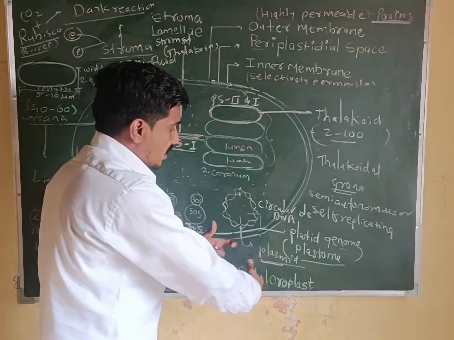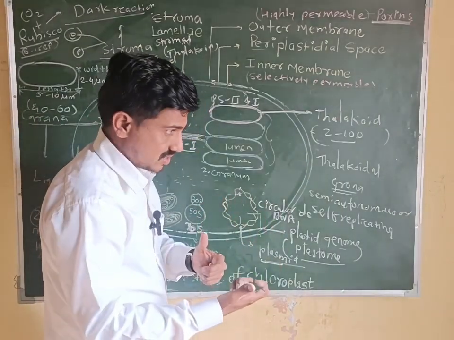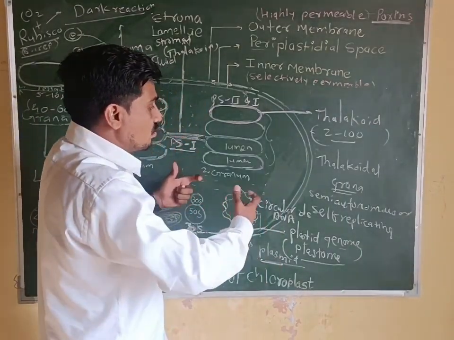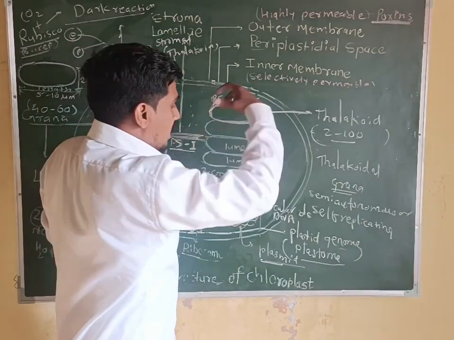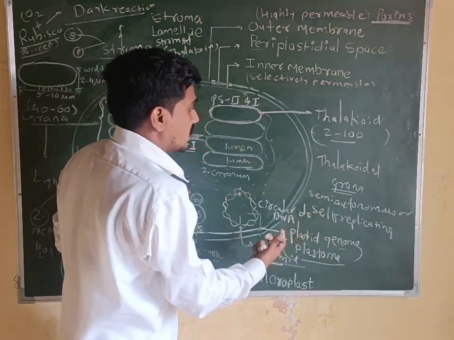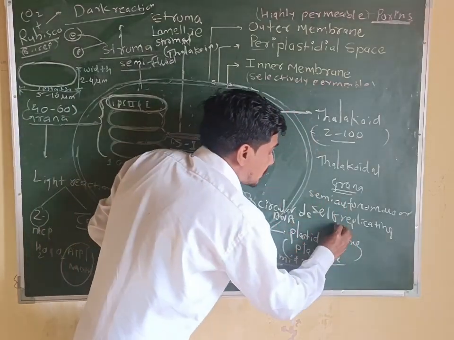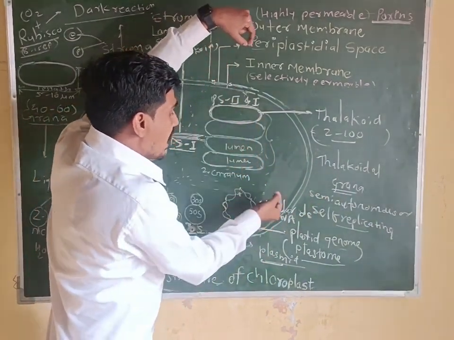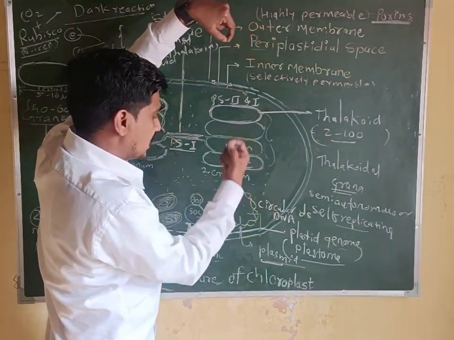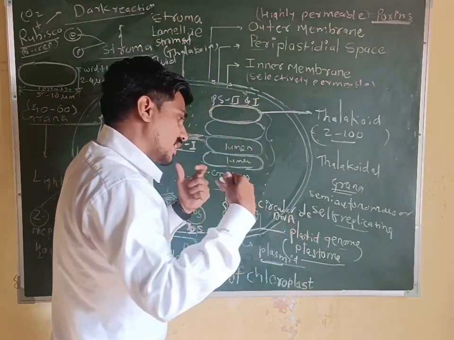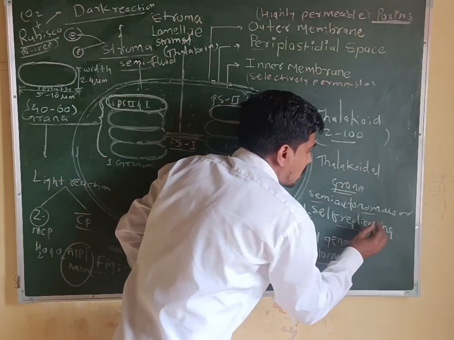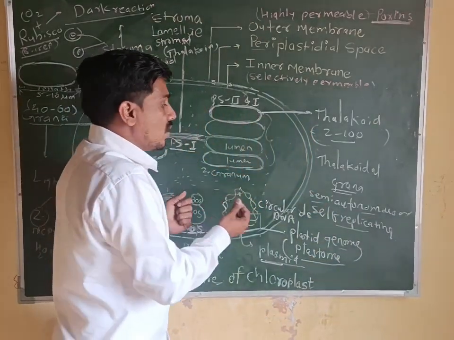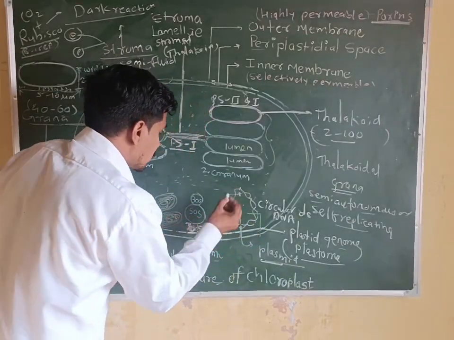It has its own genes and forms many copies of chloroplast by self-replication. That's why it is a self-replicating cell organelle, and it has its own proteins and genes. That's why it's semi-autonomous. Its important functions are also done with the help of plastid and ribosome.